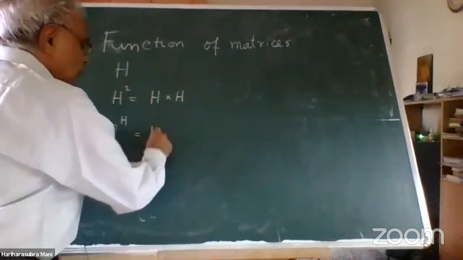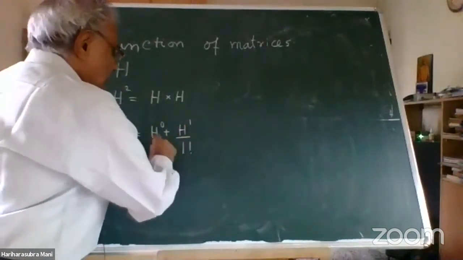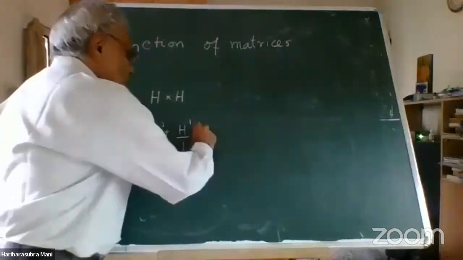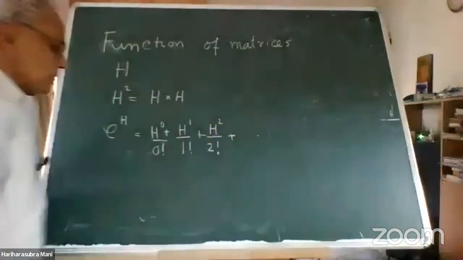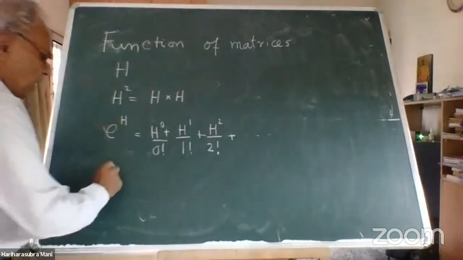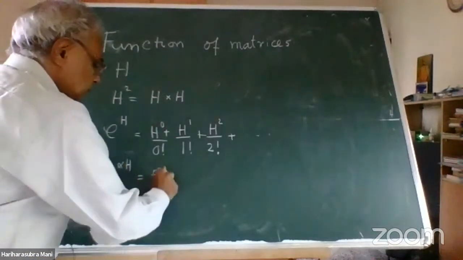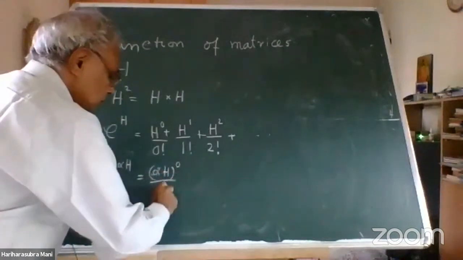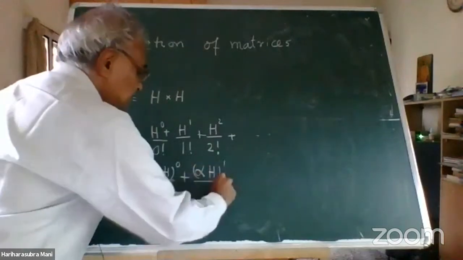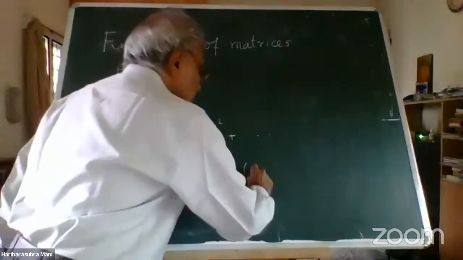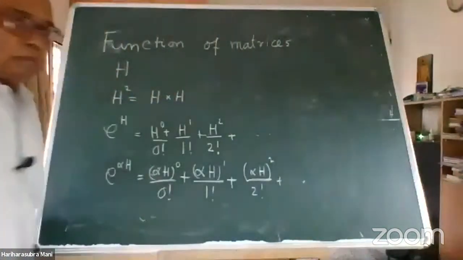So I will write this as H to the 0 plus H divided by 1 factorial, and so on, and if I had alpha there, some complex number, this is how I will define it.